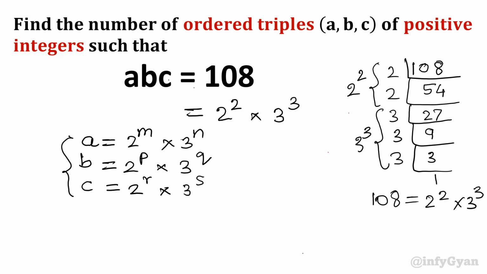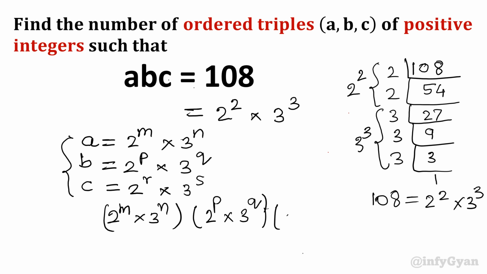So the equation will be 2 raised to the power m into 3 raised to the power n, this is A. B is 2 raised to the power p into 3 raised to the power q. And C is 2 raised to the power r into 3 raised to the power s, equal to 108 or 2 squared into 3 cubed.